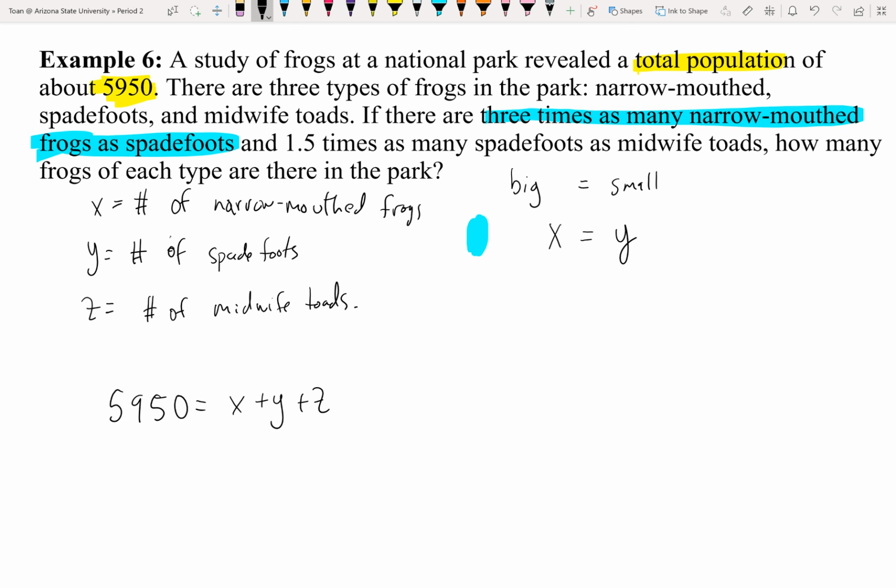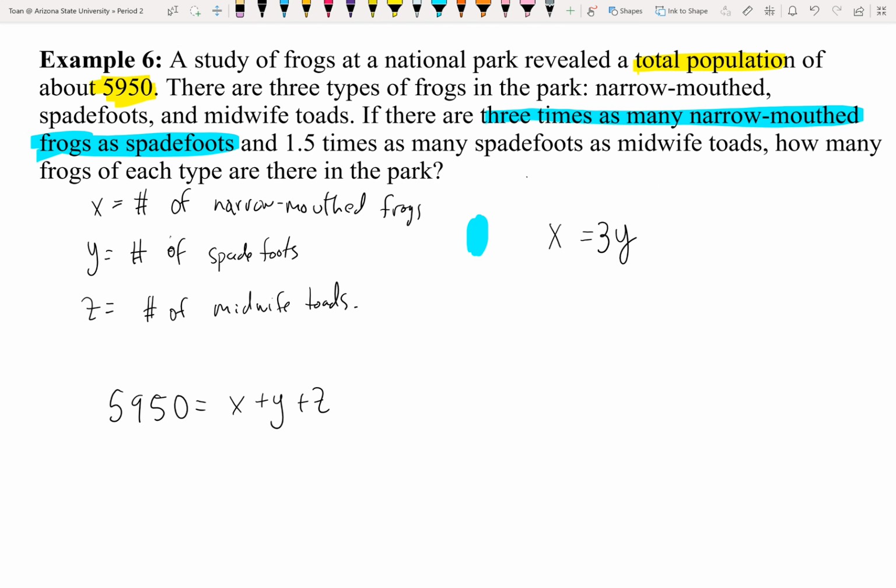They should be equal, right? If I want to make this a true equation, do you agree I need to make the smaller number bigger? That tells me I need to put the times 3 with the y.